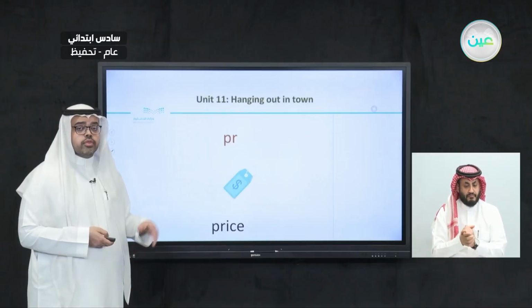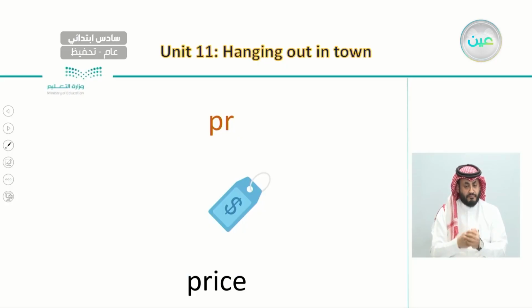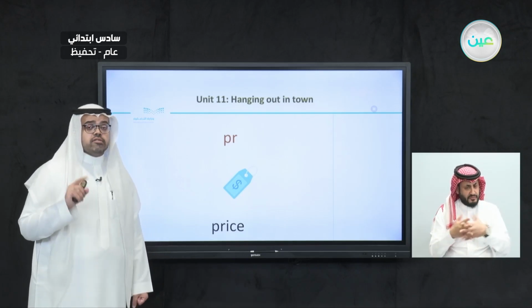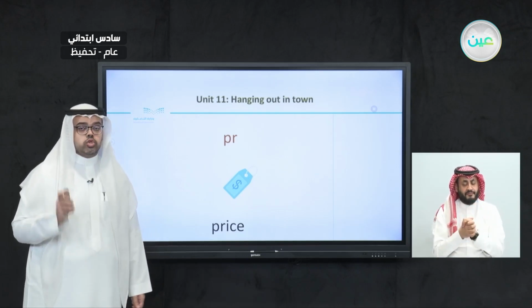And also the fourth one that also starts with P and R is prize, prize. So these are four important words with the blend of P and R. And we said that they are important, that we pronounce them as one sound unit.